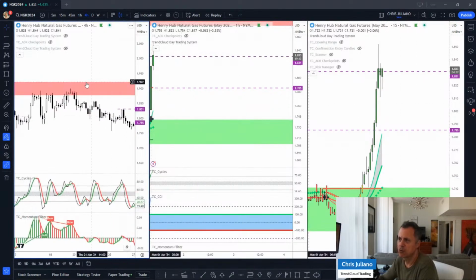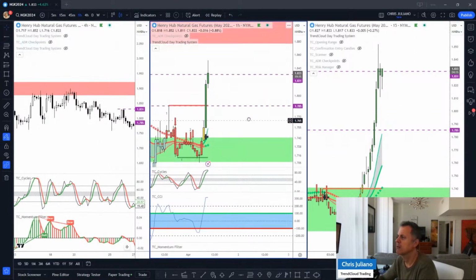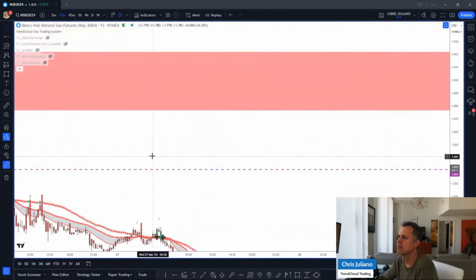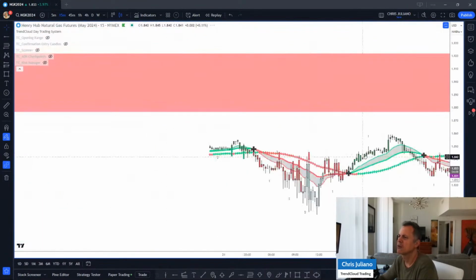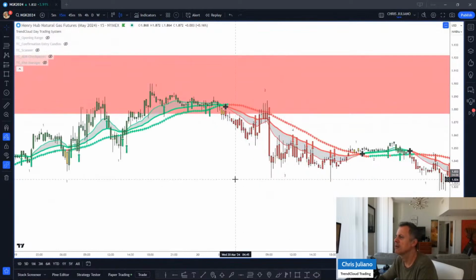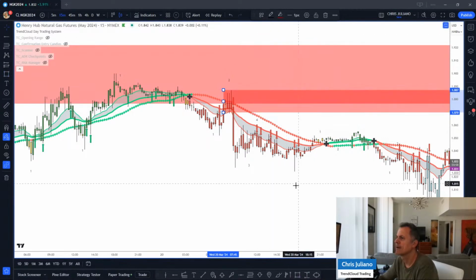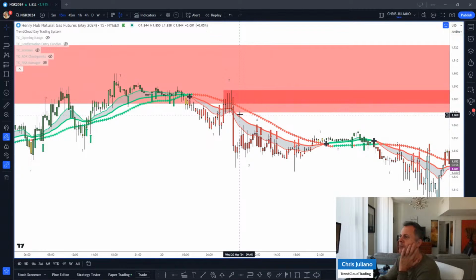Can you take a small risk on this? Yeah, you can. Let's see if there's anything up there. You can try anything you want. So there's a 15-minute supply zone right there.